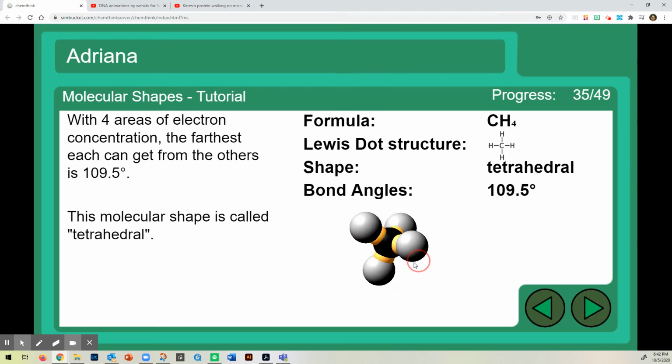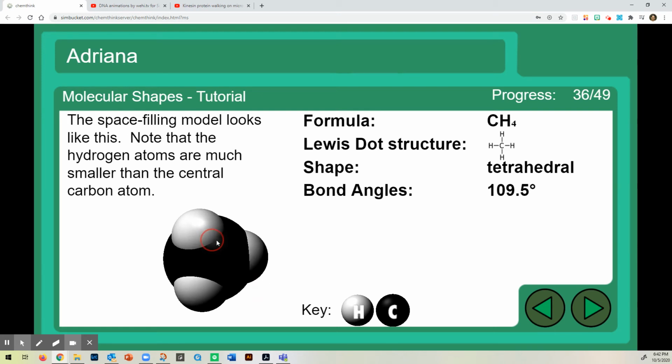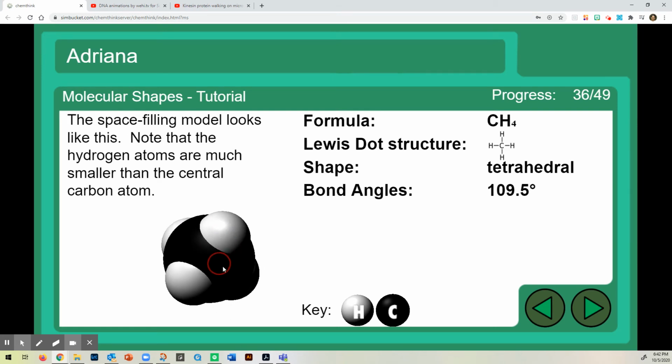It's got 4 electron areas around it. That makes a tetrahedral shape. But things can get a little bit more complicated when you have a tetrahedral shape, but not all of them are bonded. So first, here's our space filling model of our methane, CH4.